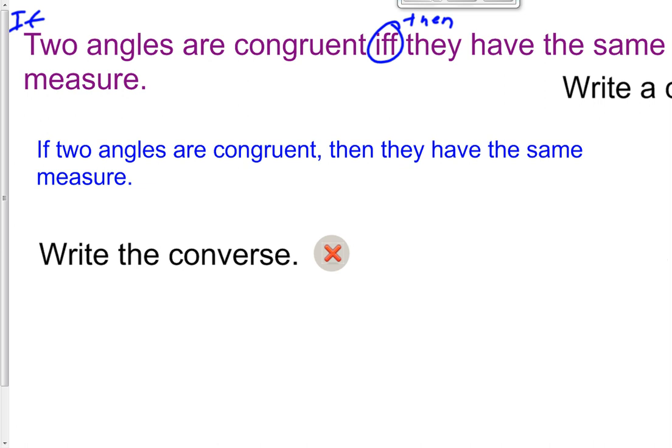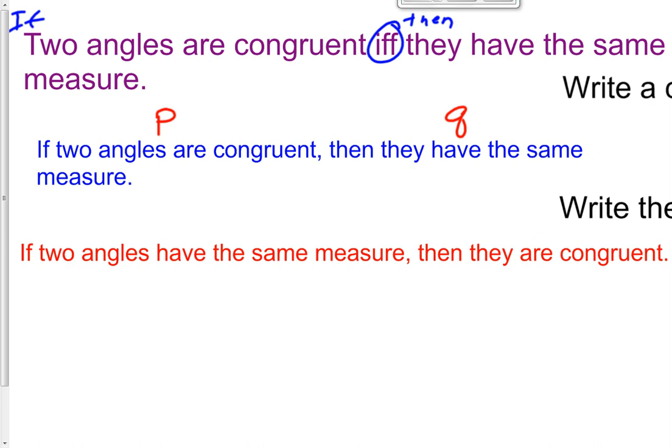So then when you wrote the converse, hopefully you put this part, the Q, first in the converse, and then you put the P part second. So if two angles have the same measure, comma, then they are congruent. Hopefully you wrote that down for the converse.